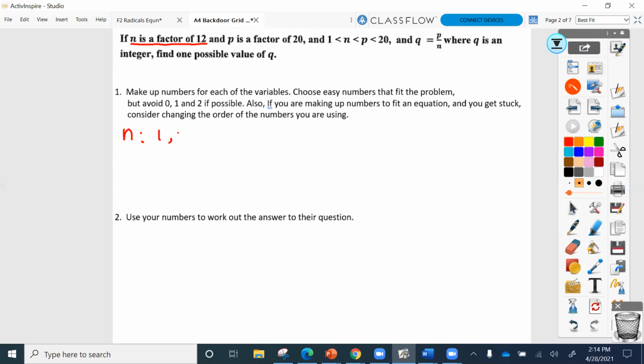You have 1, 2, 3, 4, 6, and 12. And then p is a factor of 20, so these are the possibilities for p. That would be 1, 2, 4, 5, and 10, and of course 20.